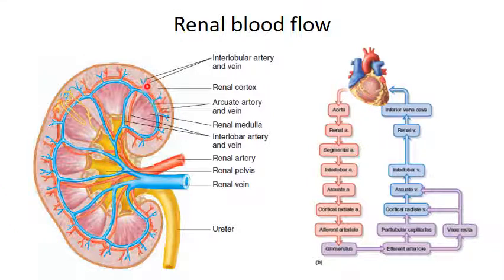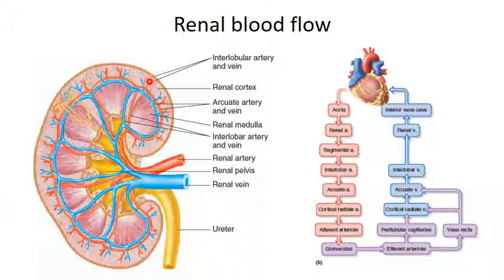Then each of these arcuate arteries gives off several branches called interlobular arteries. These interlobular arteries penetrate into the renal cortex and give off afferent arterioles.